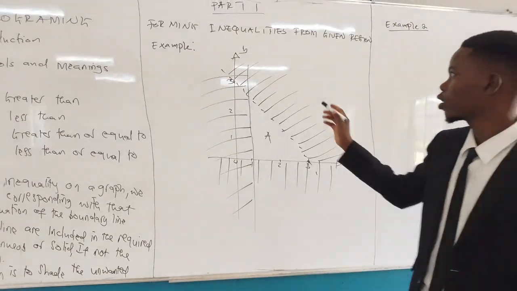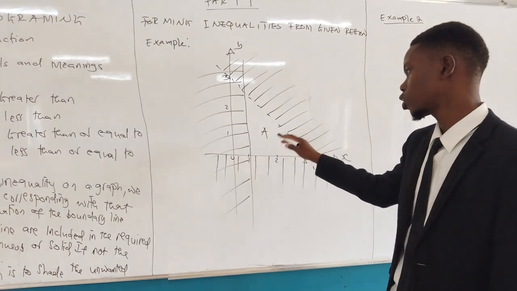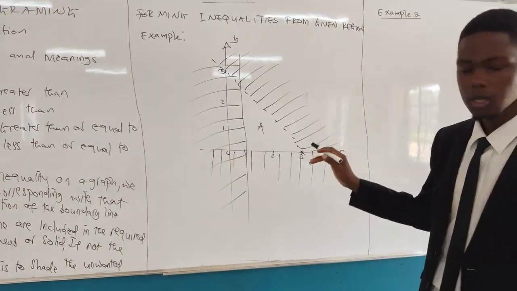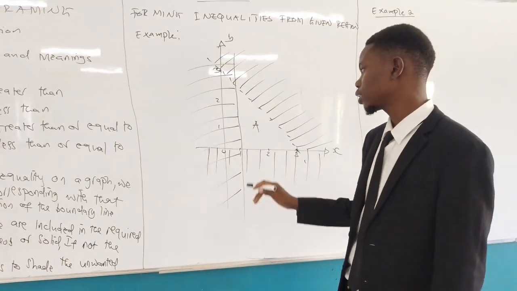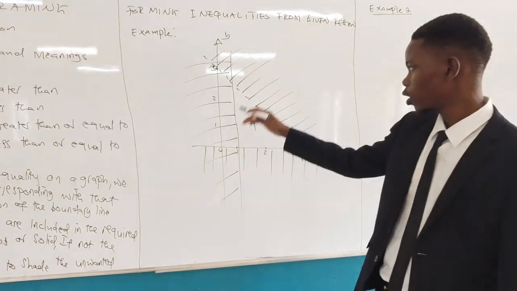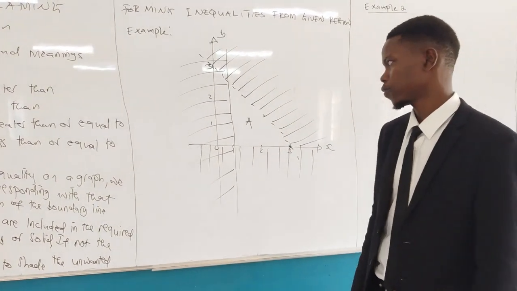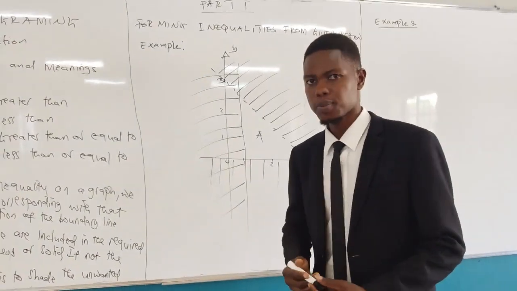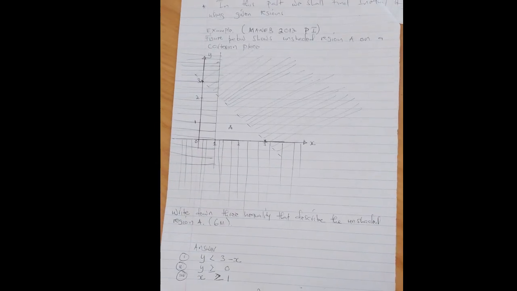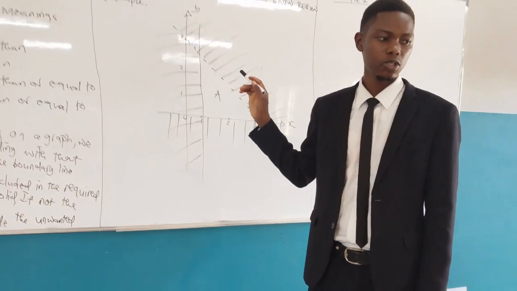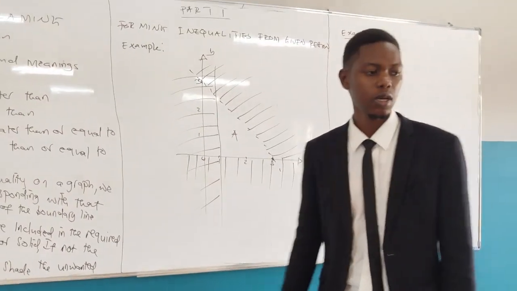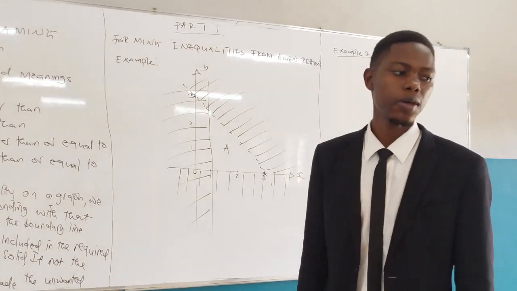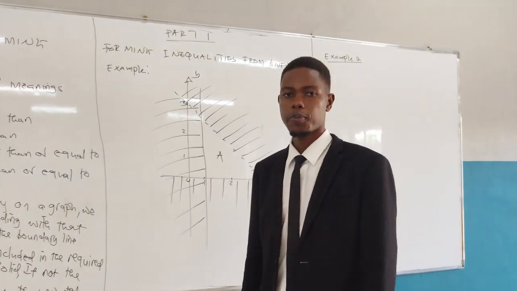As you can see, we have been given this region, region A, and the question is saying that we should write 3 inequalities from this given region. Now, we are going to solve this one step by step. This question is taken from the past paper, paper 12.